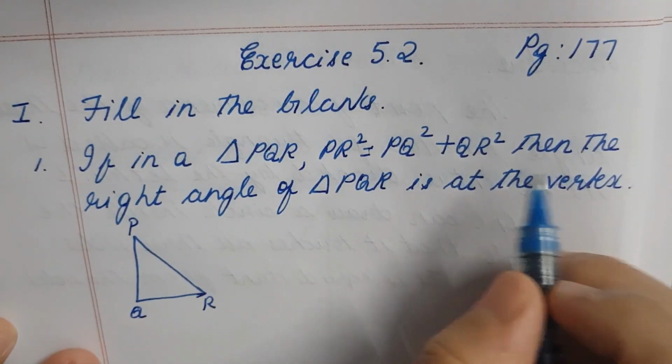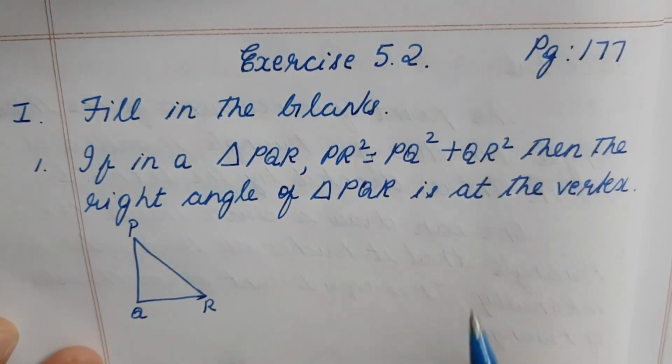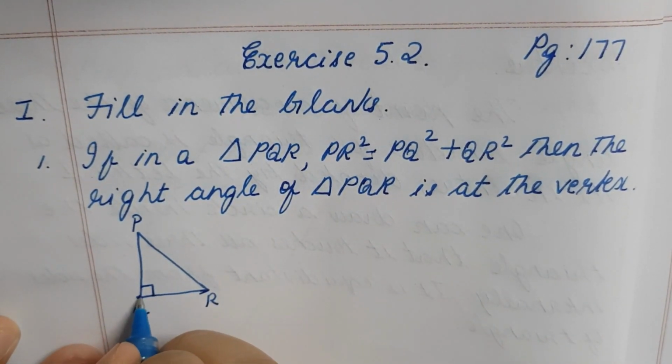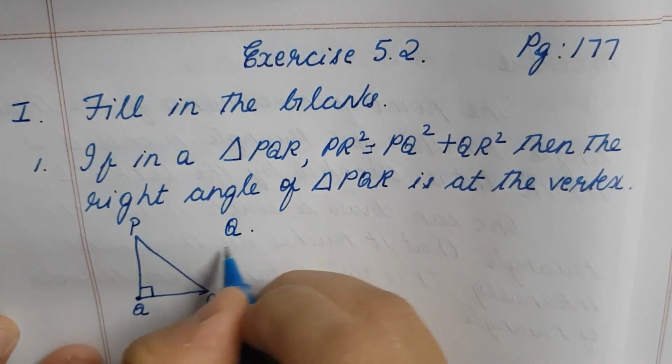Now what are they asking? The right angle of the triangle PQR is at the vertex. So where will the right angle be? It will be here. So what vertex is it? Q. So the answer is Q.